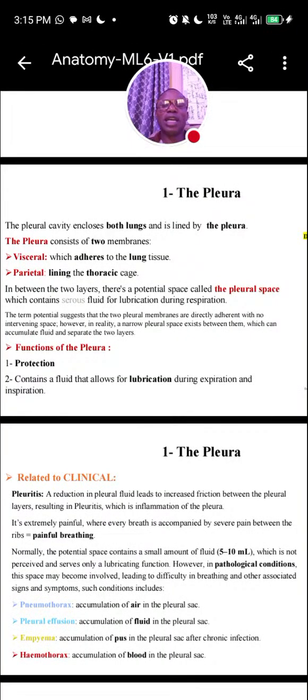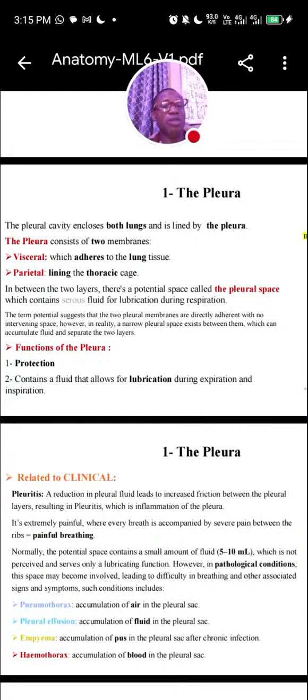And now, when we say potential space, it means that those layers are joined together with no intervening space. However, in reality, a narrow pleural space exists between them, which can accumulate fluid or separate the two layers.